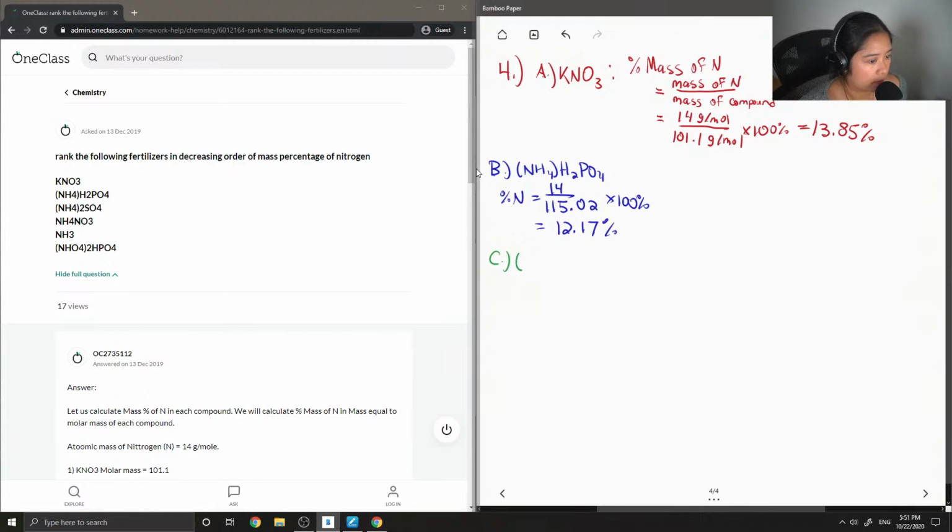Then moving on. So here there are 2 nitrogens present. So I'm going to do 28 instead of 14. And the total molar mass of this compound is 132.14. So this gives a percent nitrogen of 21.18%. That's the highest one so far.